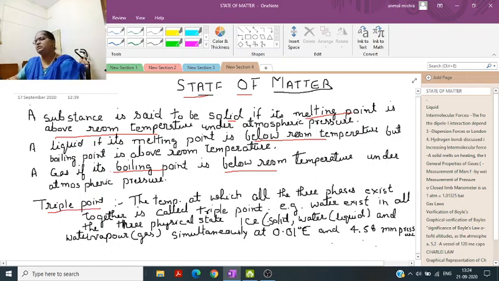The temperature at which all the 3 physical states, that is solid, liquid, gas, exist together is called triple point.